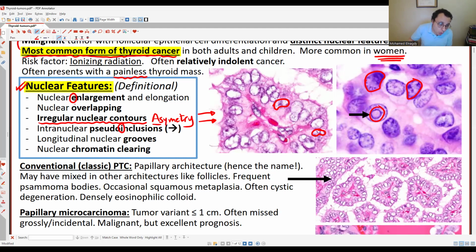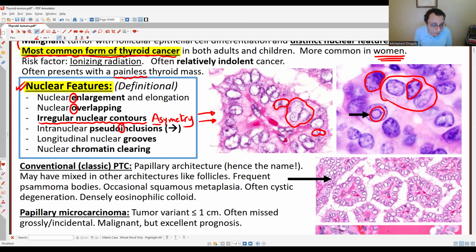O stands for overlapping. The nuclei are always near each other, touching each other, sometimes on top of each other, like these three nuclei. Can you see that? These three nuclei are very overlapping on each other, and like these three nuclei here.